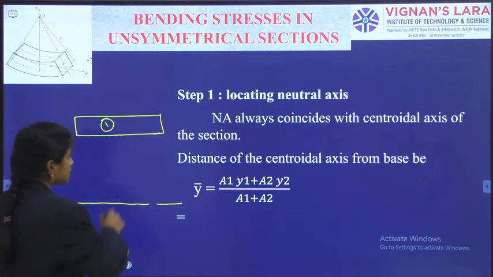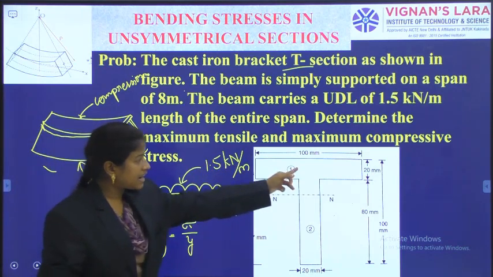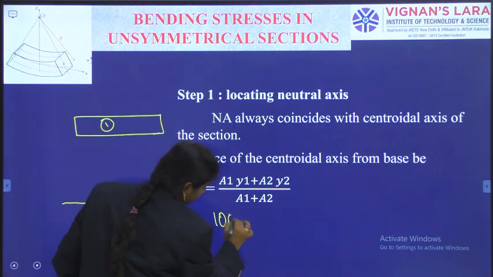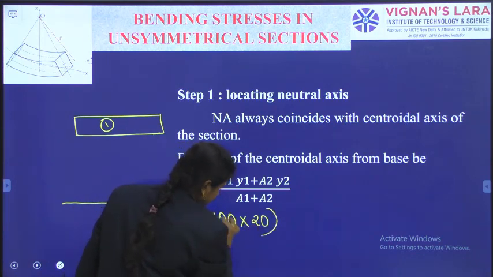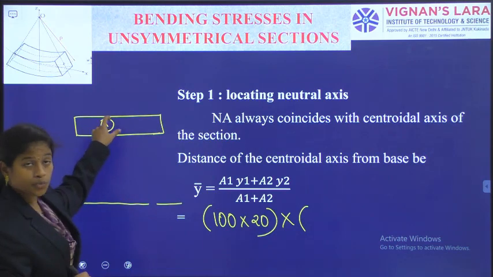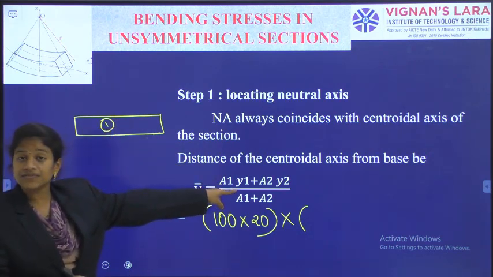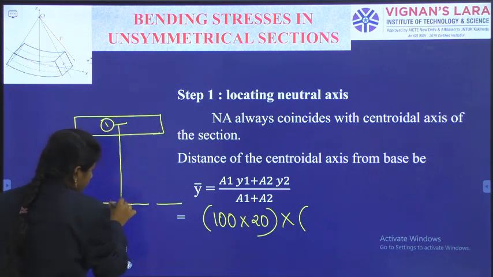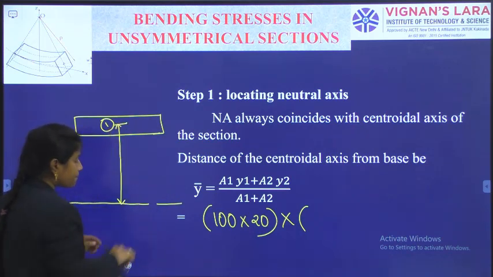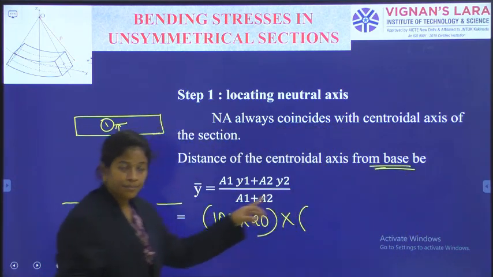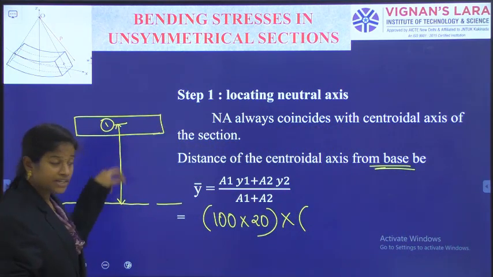Now, the area of this first portion, how much is it? 100 by 20. That is the area of the first portion, multiplied by y1. Y1 is the distance of the centroid of the portion from the base, because I am measuring from the base.